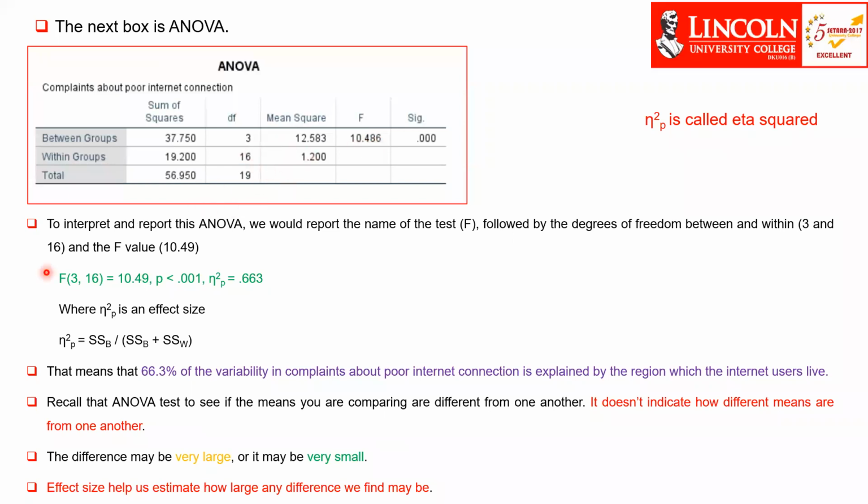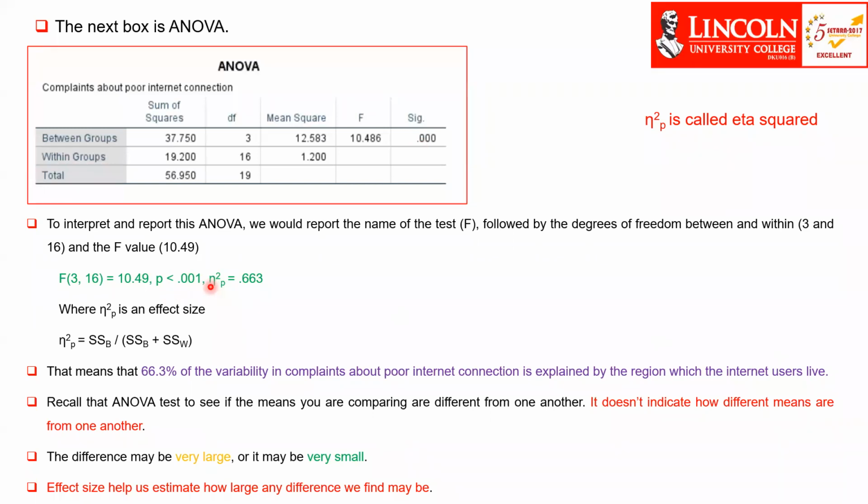If you are to report this, you report it like this: F bracket 3, 16. We have the 3 from here, we have the 16 from here, is equal to 10.49, to 2 decimal places. And your p-value is less than 0.001. This is the value of your p.